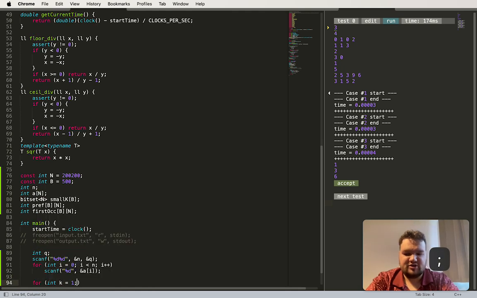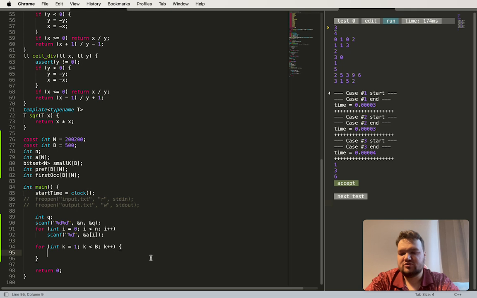Alright, so for every k smaller than our bound for square root, just implement what is written in the statement and store all the answers, whether we fight each monster or not.